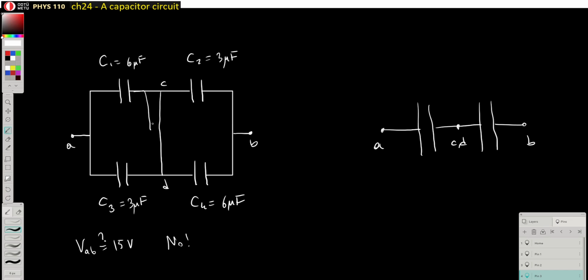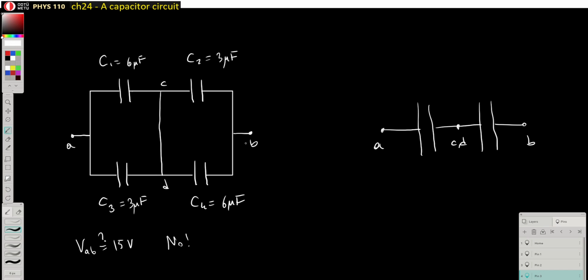You can think of the circuit like that, with this part missing. C and D are just joined at a single point, and this looks like the series connection of these two blocks.